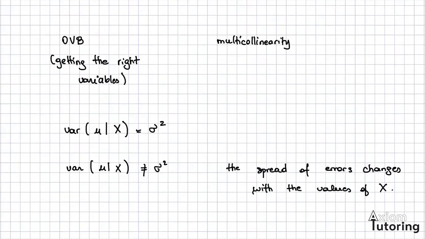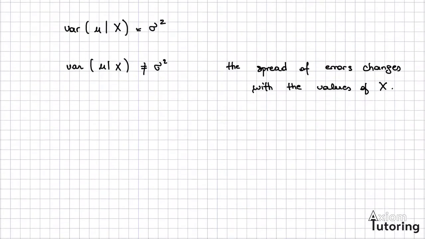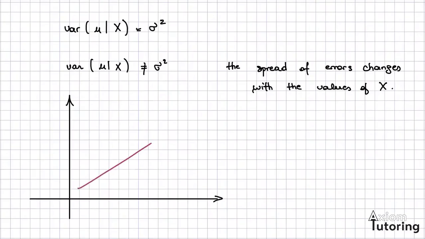One of the pictures that most of you will think about when you think of heteroskedasticity is the funnel-shaped one. If you don't remember it, the best way to get a visual clue is to set your regression line, the one that you would have estimated. And then, as we said, the spread of errors changes with the values of x.